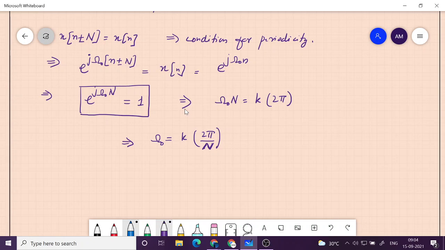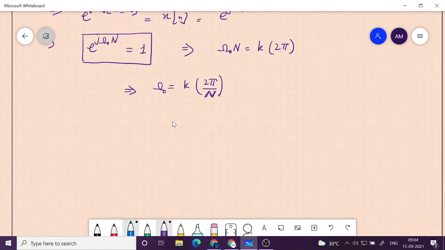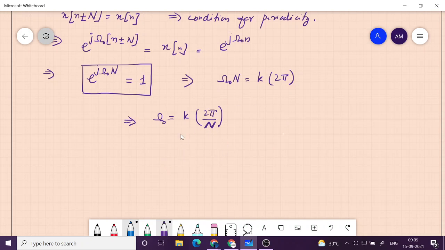So k by N is a ratio of 2 integers, and then it is multiplied by 2 pi. Now here there is a very interesting thing: if omega 0 is something like half or pi by 2, can this be a periodic signal? Can it satisfy this condition?